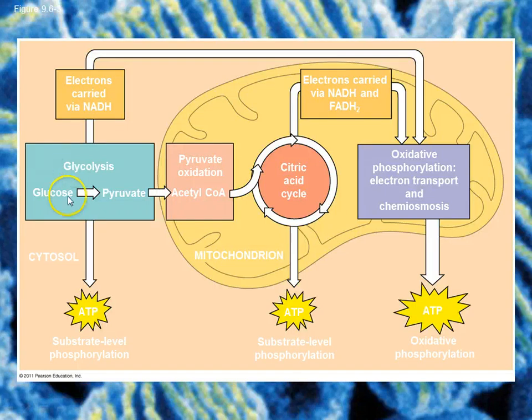Okay, so continuing on here, we've got glucose, which has been changed into 2 molecules of pyruvate, went across the membrane, became 2 molecules of acetyl coenzyme A, giving off 2 molecules of CO2, and then acetyl coenzyme A entered the citric acid cycle, and we ended up getting rid of the rest of our carbons eventually. In the process, we've created 2 ATPs here and 2 ATPs here. Not really a huge yield out of this whole process.